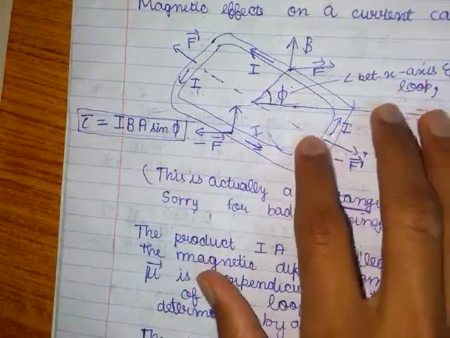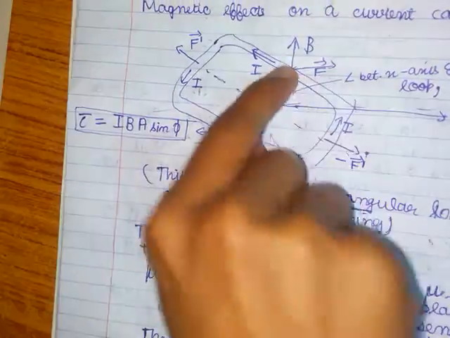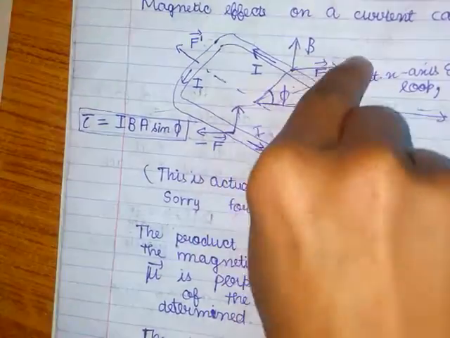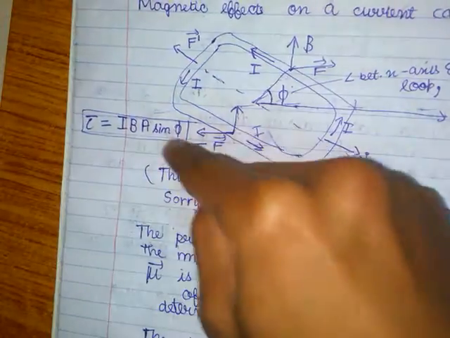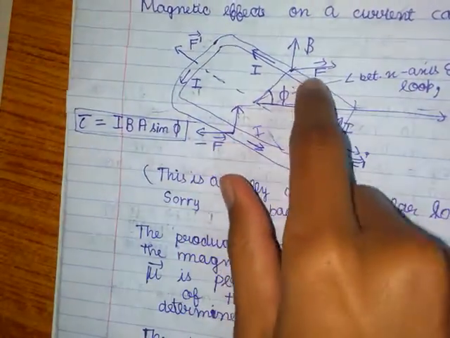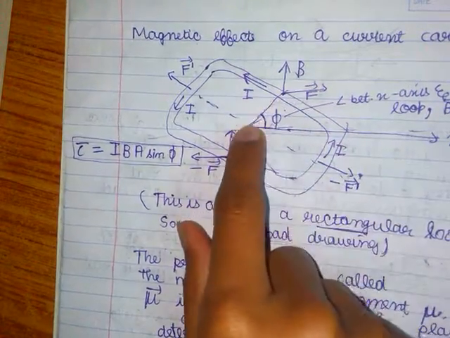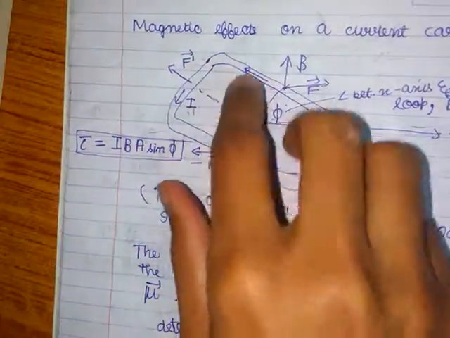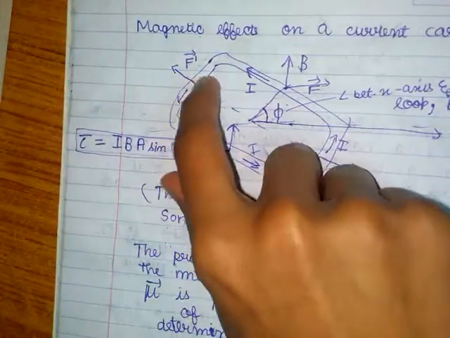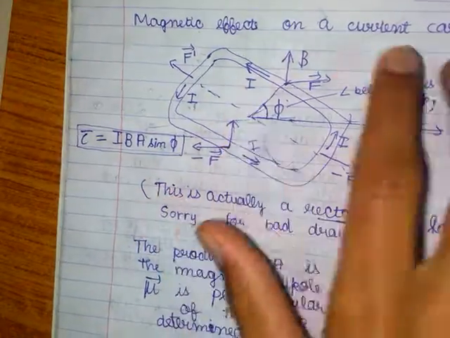On this loop, though the net force is 0, it will still rotate because this force has a torque about this axis of rotation, and this also has a torque about this axis of rotation. What the net force 0 implies is that the center of mass of the loop has zero acceleration.